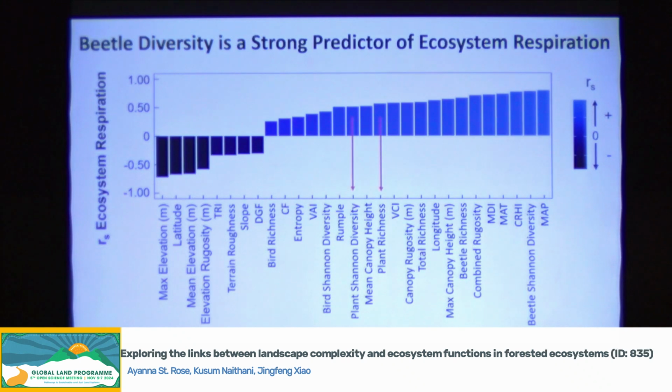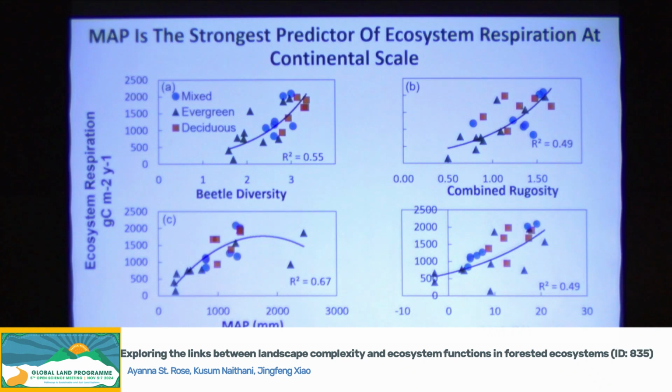Also, even though plant Shannon diversity and plant richness dominate the literature, they were not as important as multi-species diversity and also beetle Shannon diversity. The most important variables here are mean annual precipitation, mean annual temperature, beetle Shannon diversity, and the combined rugosity metric.